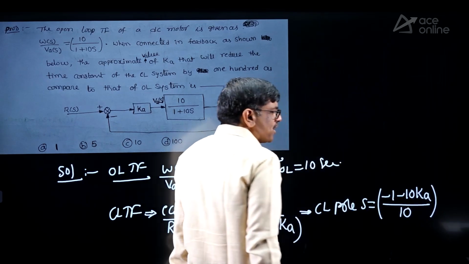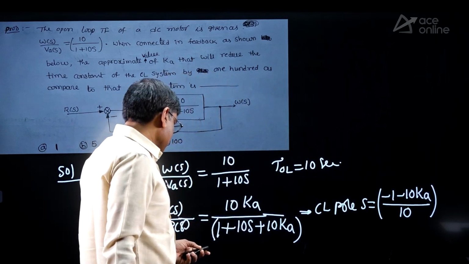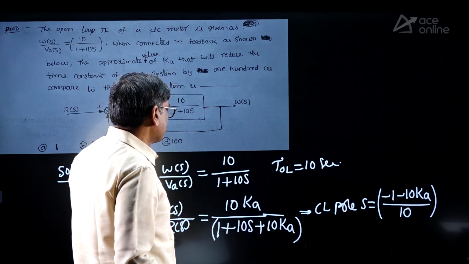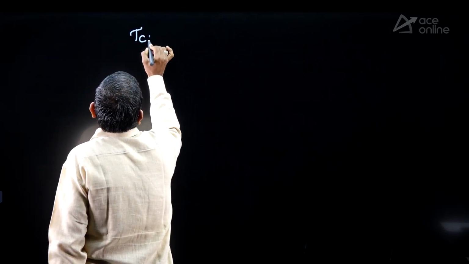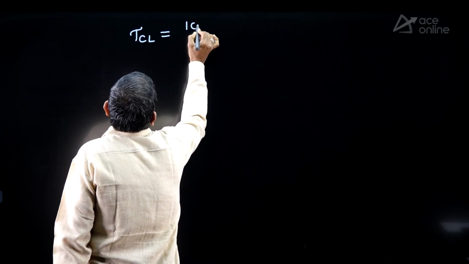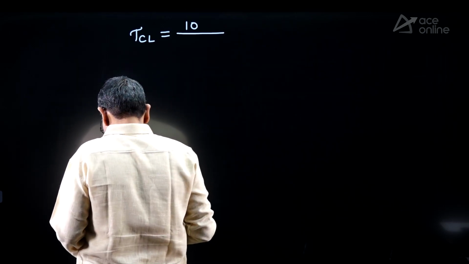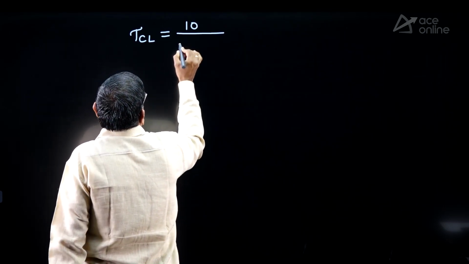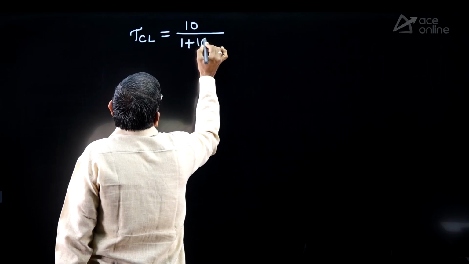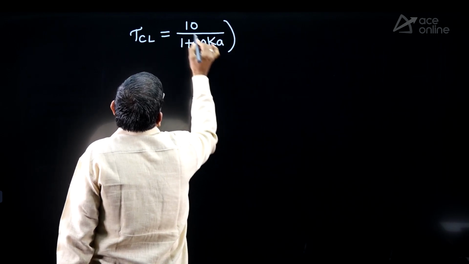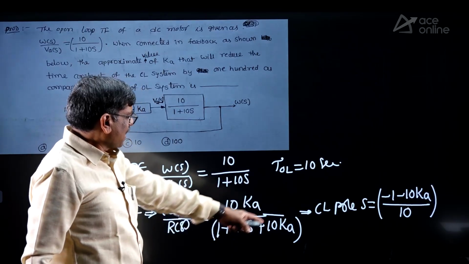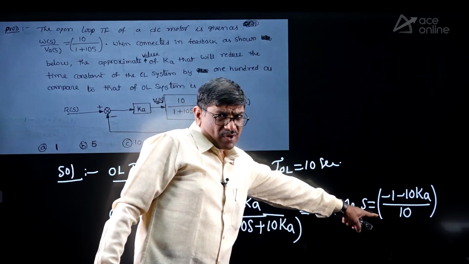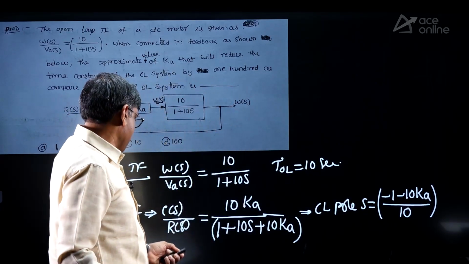Now the time constant of the closed loop pole: tau of closed loop equals 10 by 1 plus 10 Ka, minus 1 by this. Yes or no? 10 by 1 plus Ka.